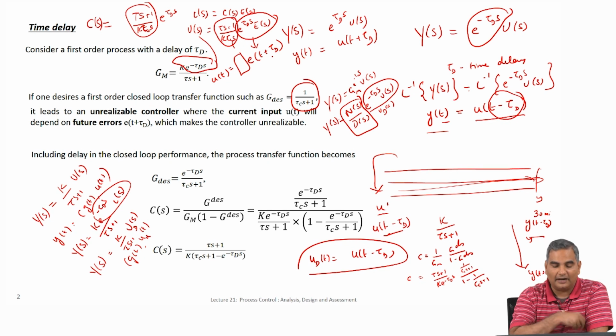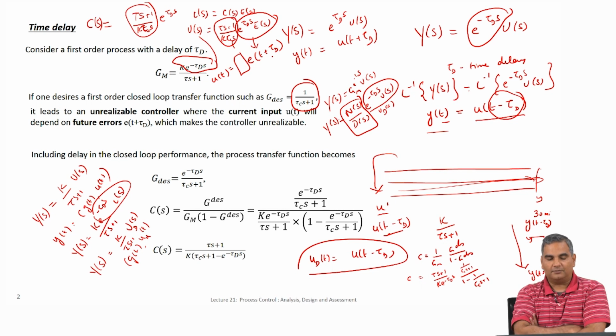So that becomes an unrealizable controller. If I just choose any G desired I want, then that is going to lead me to getting a controller that is not implementable, because I need to have future errors for the current control move computation, and I do not know future outputs anyway, so I cannot do that.